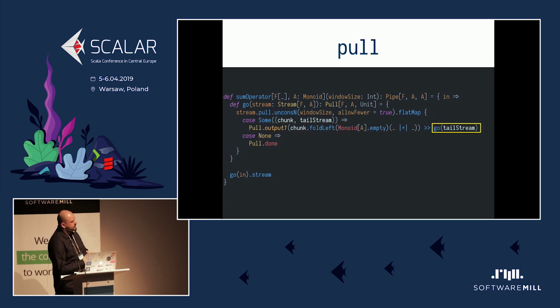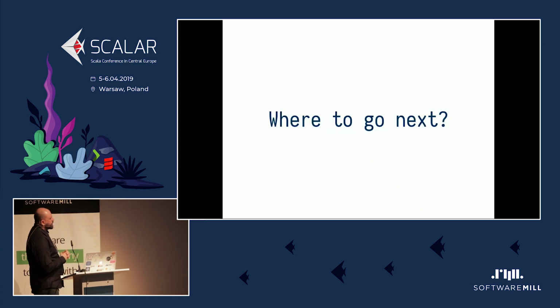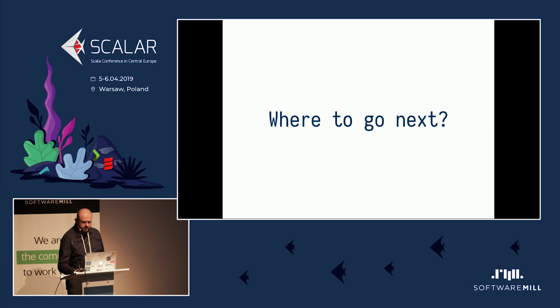And after that, we recursively call ourselves with the rest of the stream. That recursion is for free because FS2 internally works on the free monad. So this is a stack-safe operation, and we don't worry about blowing up the stack or hitting problems with evaluation.